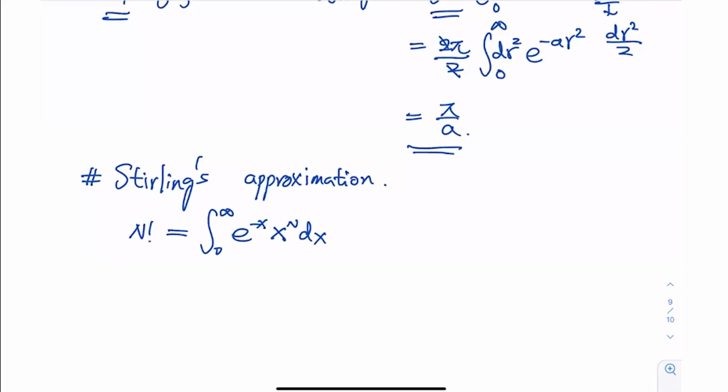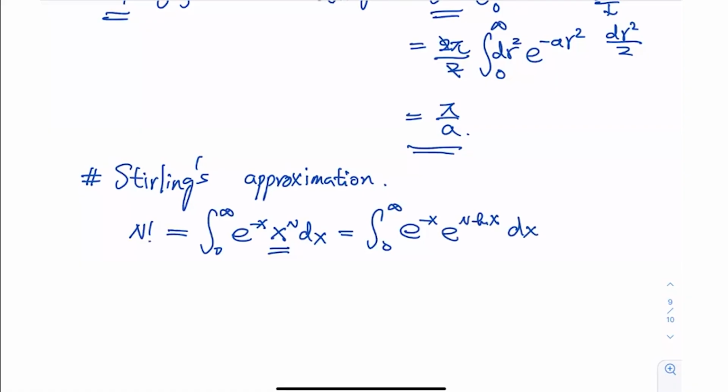Then you ask, why do I want to do that? The reason is that you can always exponentiate this power expression by writing it as exponential of n natural log x.